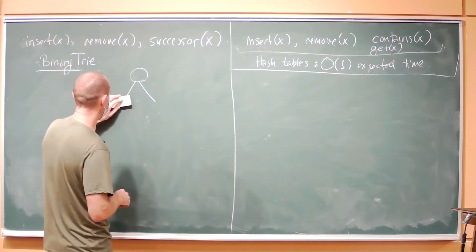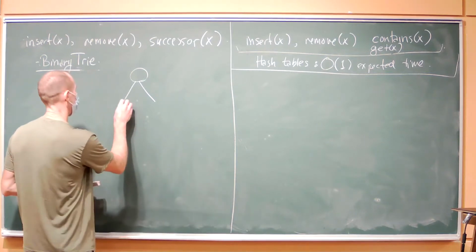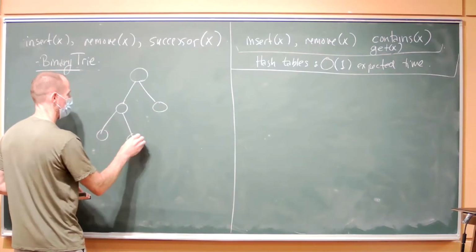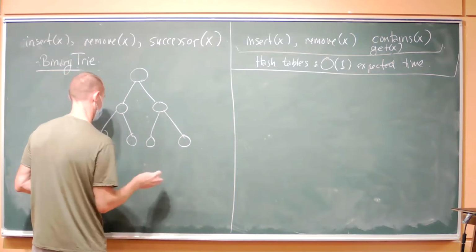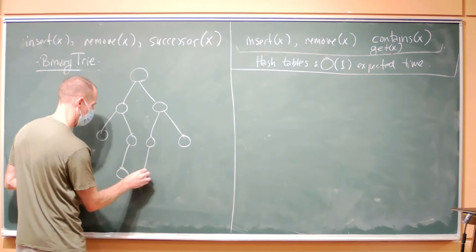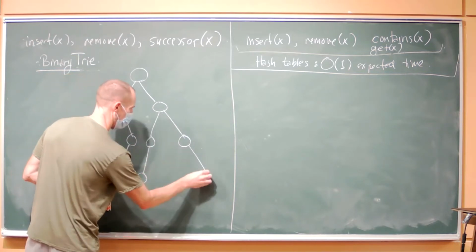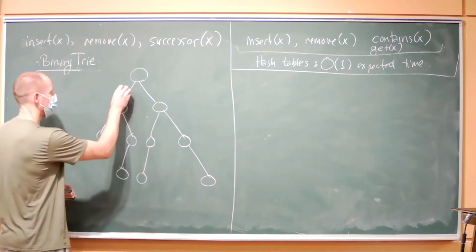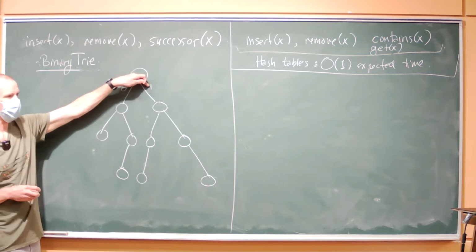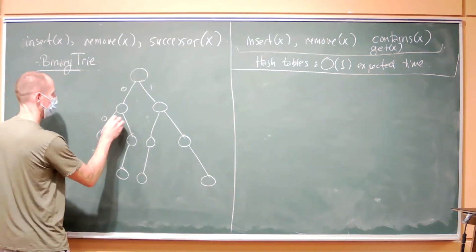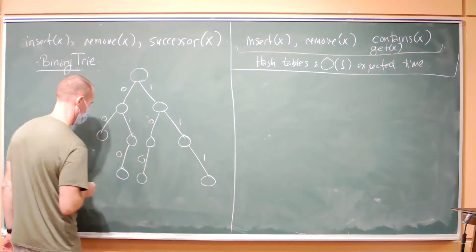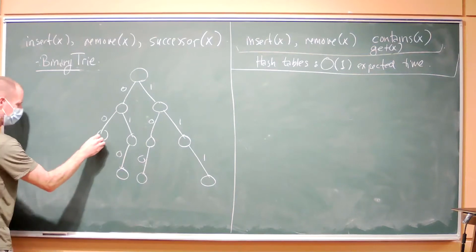All right, so what's a binary trie look like? Well, it's a tree in which all the leaves have the same depth, and all the edges, if a node has a left child, it's labeled with a 0. If it has a right child, it's labeled with a 1. And all the leaves are at the same depth.